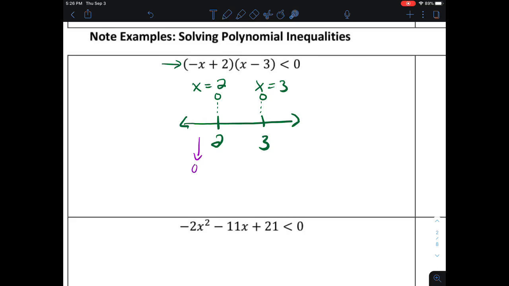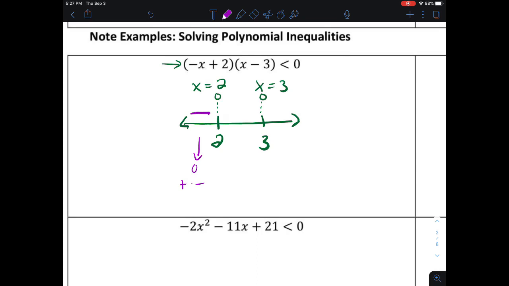Let's pick an easy number like 0. If I put in 0 for the x's, I just want to know what's the sign of the left side. If I put in 0 for x, I have negative 0 plus 2, positive. 0 minus 3, a negative. So I have a positive times a negative, which makes a negative number. So all numbers less than 2 for x are going to be negative.